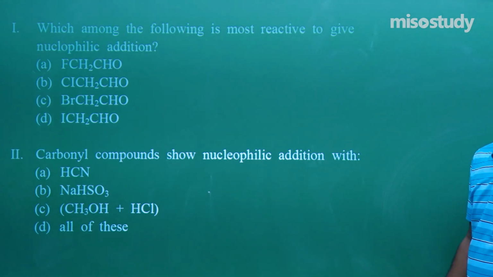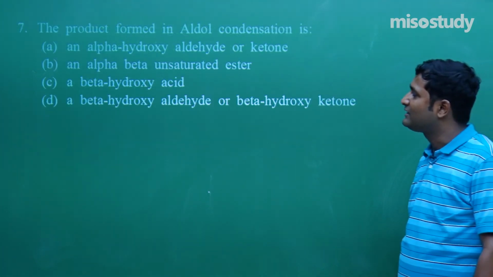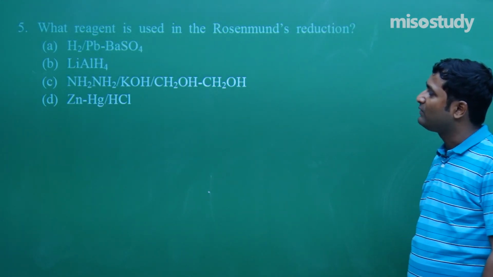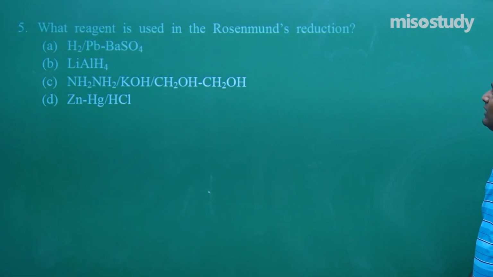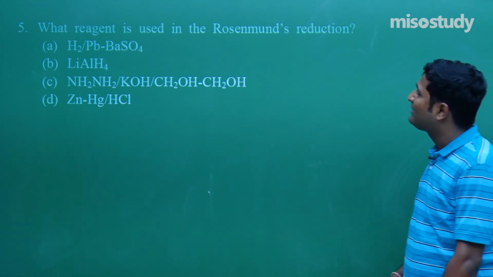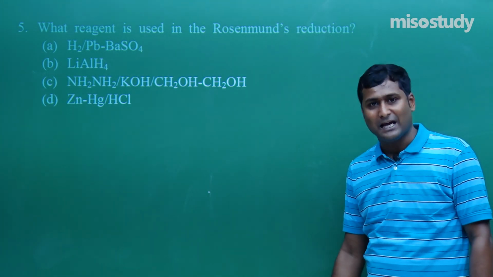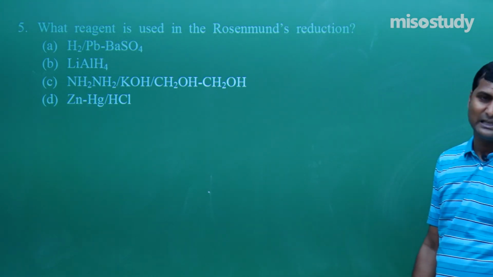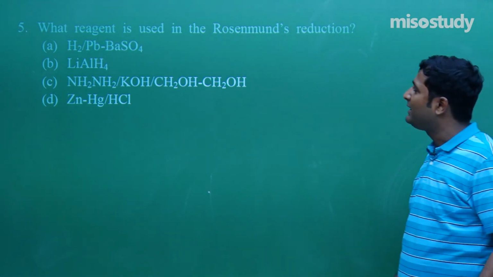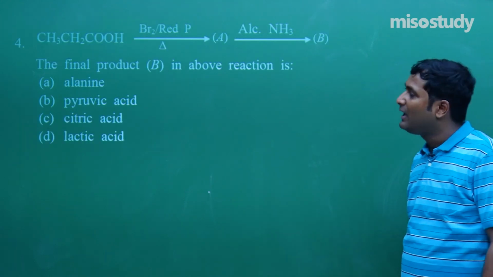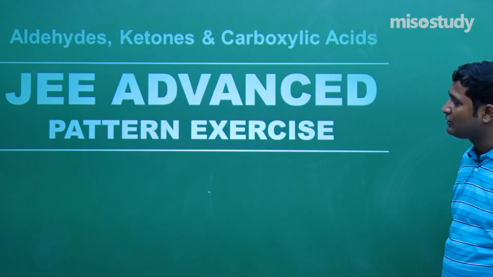Clear? Recheck these things again if you have any doubt. One more thing I have to mention: the reagent used in the Rosenmund reduction is H2, Pd, BaSO4. Clear to you? I think now you can easily solve such kinds of questions.